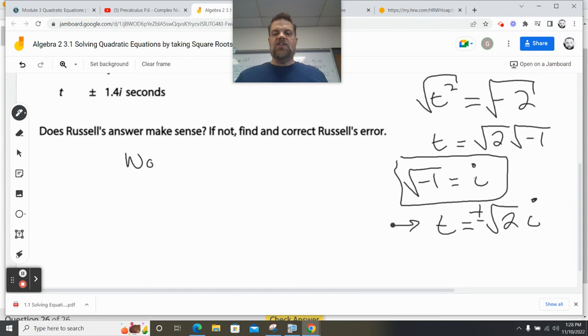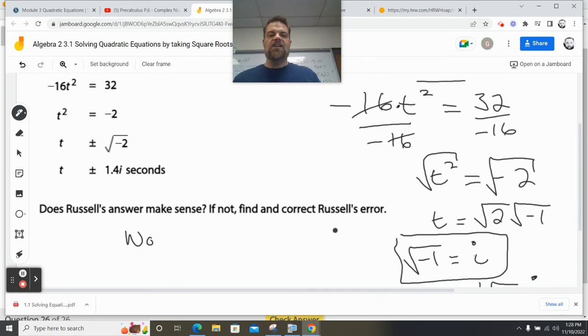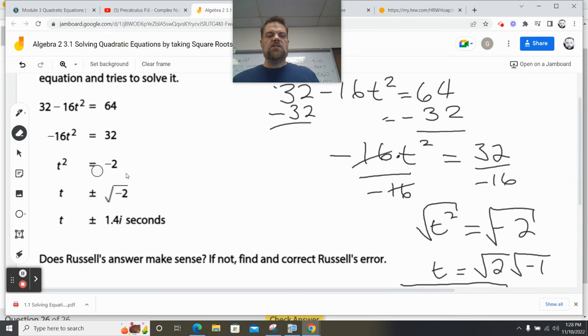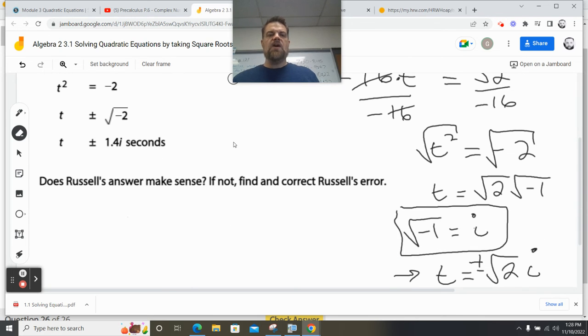Good thing I've memorized this. So what is the square root of 2? So the square root of 2 is actually 1.41. And if he rounded it, yeah, he's right. Okay. So let's double check his work. Yeah, he's right.